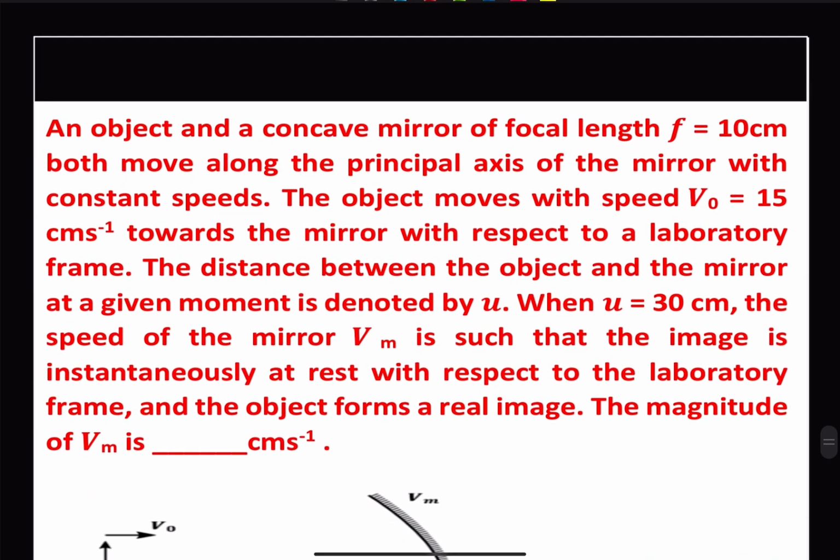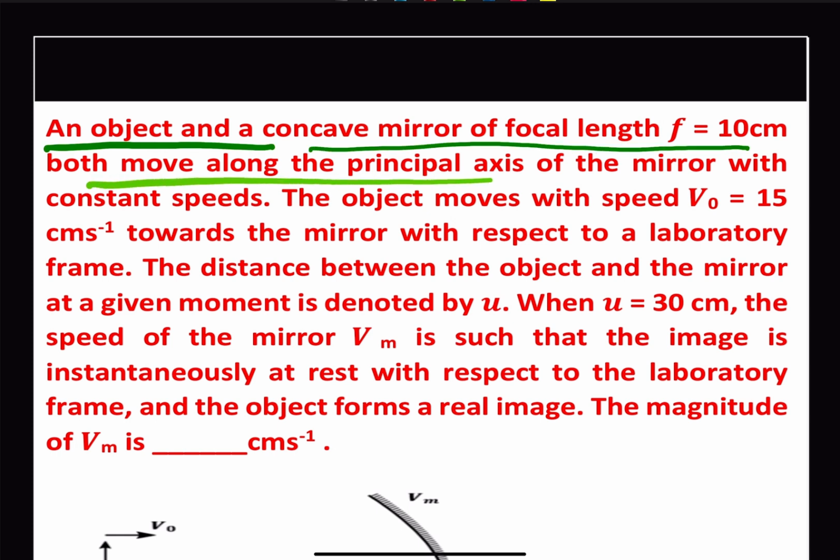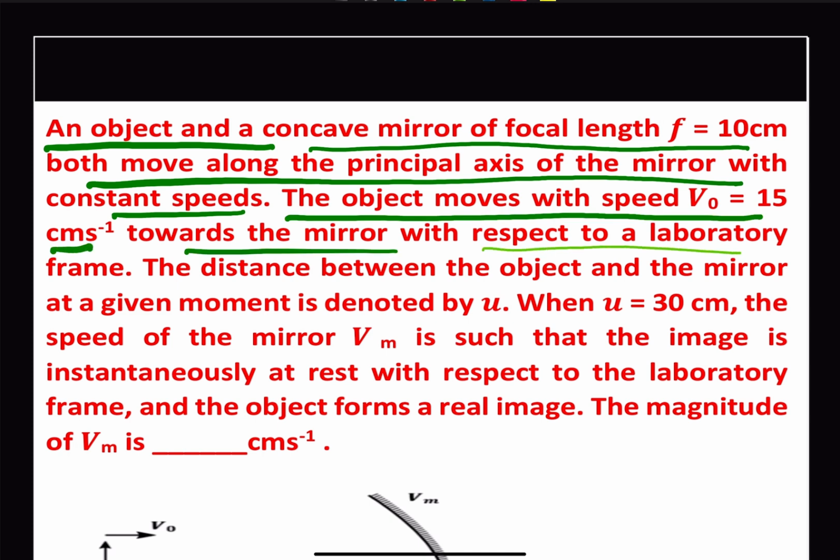And it states that an object and a concave mirror of focal length f 10 cm both move along the principal axis of the mirror with constant speeds. The object moves with a speed v0, 15 cm per second, towards the mirror with respect to a laboratory frame.